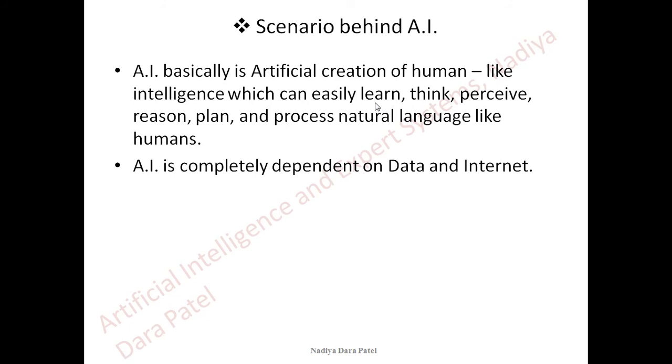Further, artificial intelligence is completely dependent on data and internet. As I have given you most of the applications in the previous lecture, if you have not gone through that lecture, please go through it.